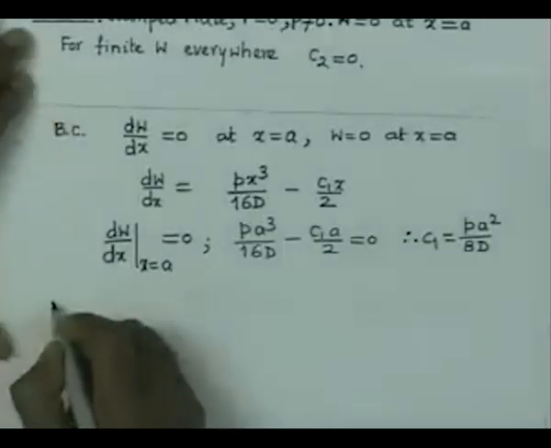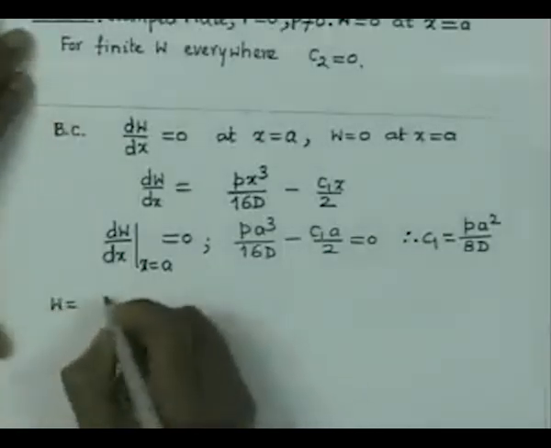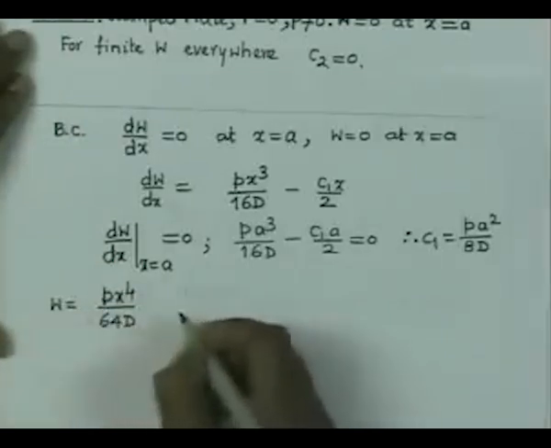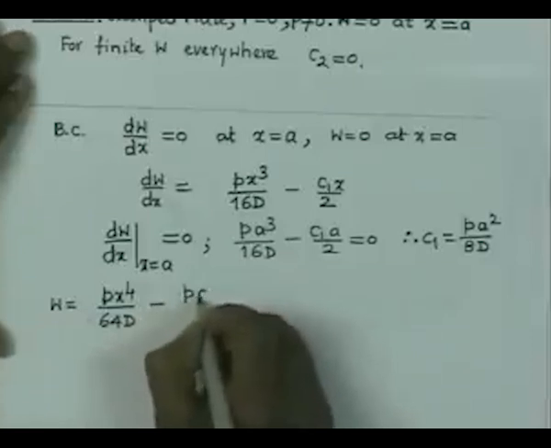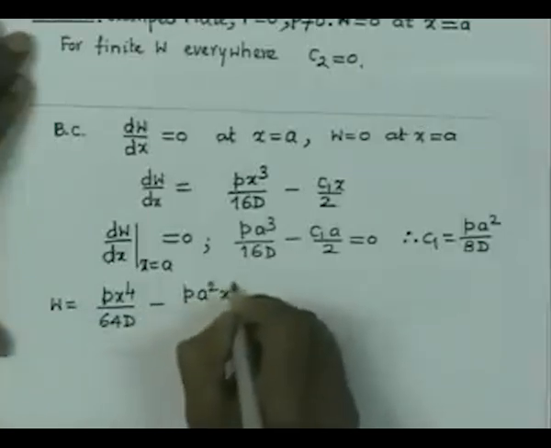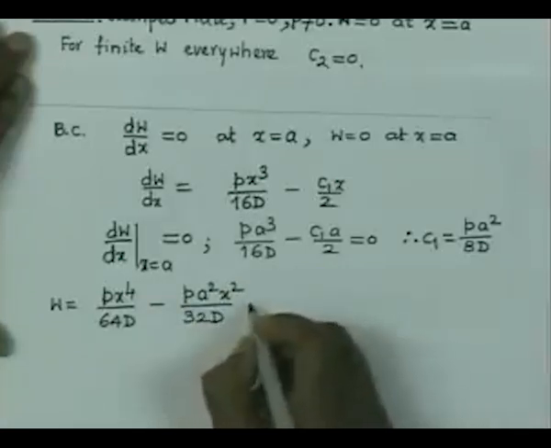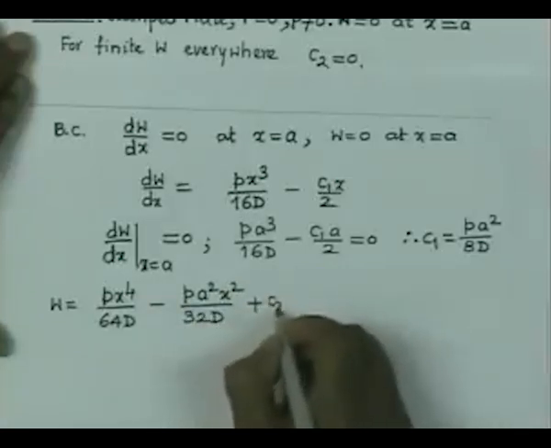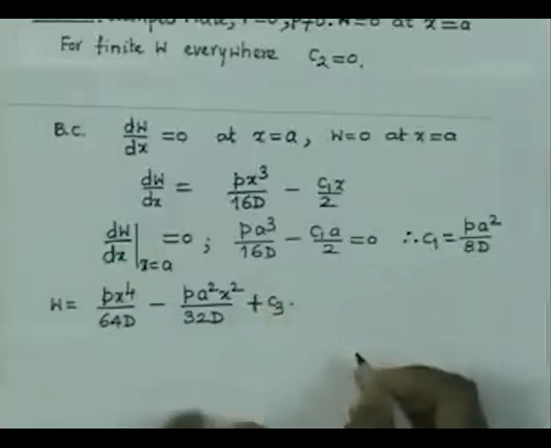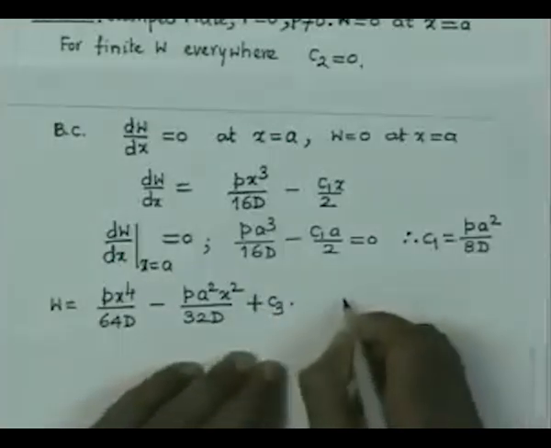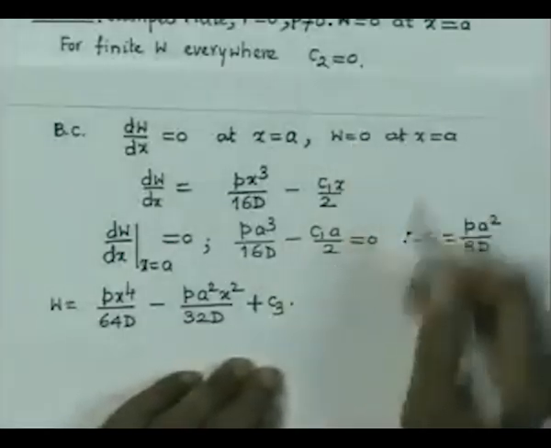Now we can write w as P x to the power 4 by 64d minus P a square x square by 32d plus C3. So that is the expression for w, and now w is equal to 0 at x equal to a.